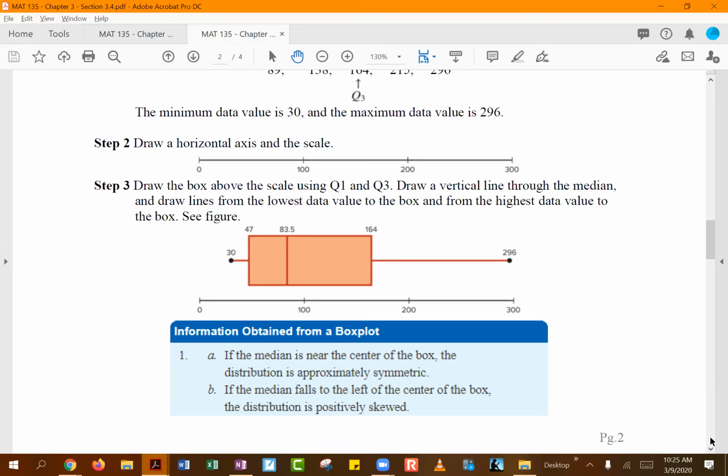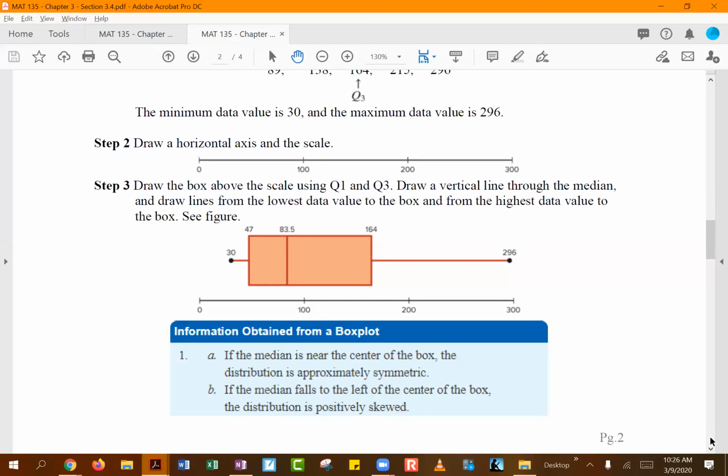From quartile 1 to quartile 3 is the box, and then the outer numbers will be just these horizontal lines. Now you can still talk about what kind of distribution your data has, because if these lines are relatively the same length and the quartile 2 kind of falls in the middle of your box, you can say you have that symmetry, right?